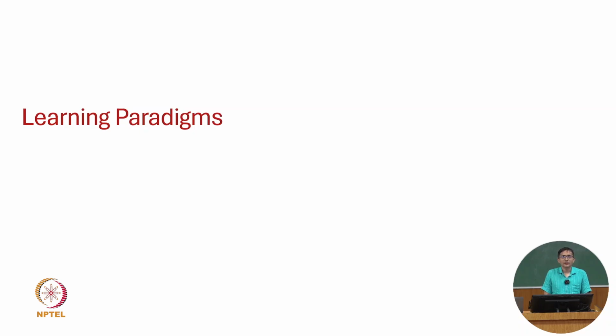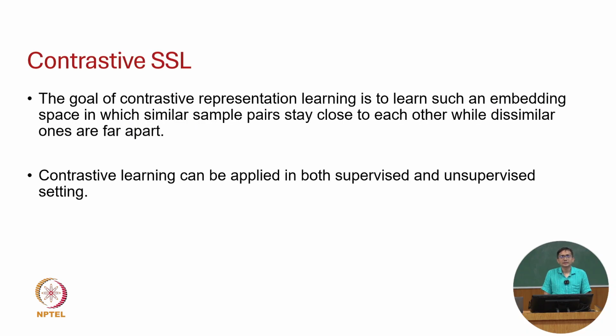Today, we will discuss about contrastive learning. The goal of contrastive representation learning is to learn such an embedding space in which the similar sample pairs stay close to each other while the dissimilar ones are far apart.